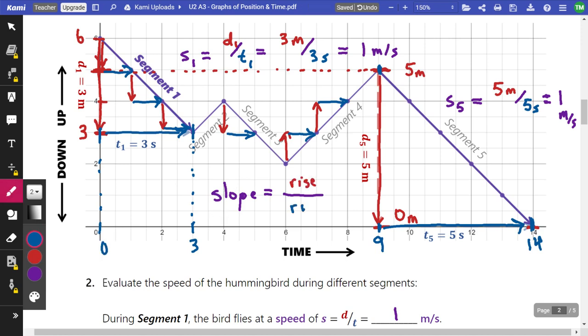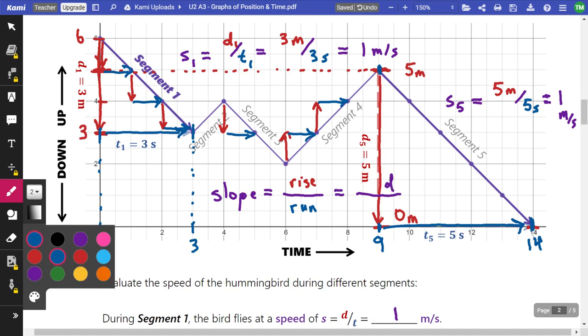Rise divided by the run, okay, or the y divided by the x. In this case, our rise, or our y value going up and down, is our distance. Okay, and our run going left and right, our x, is time.